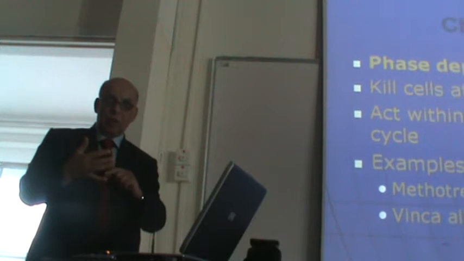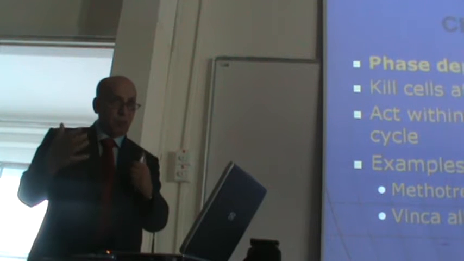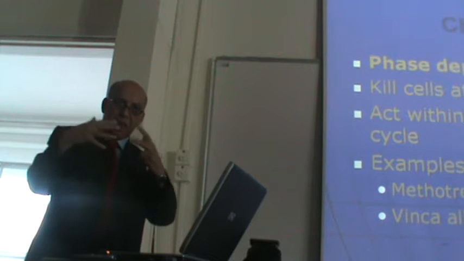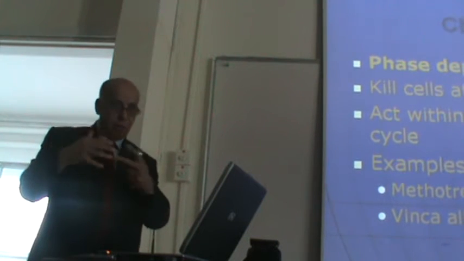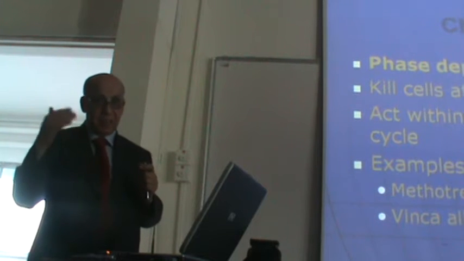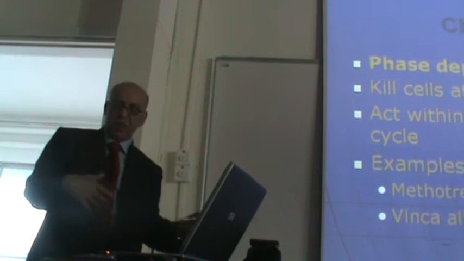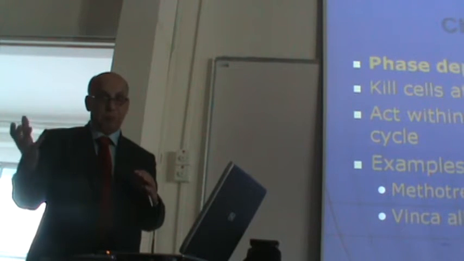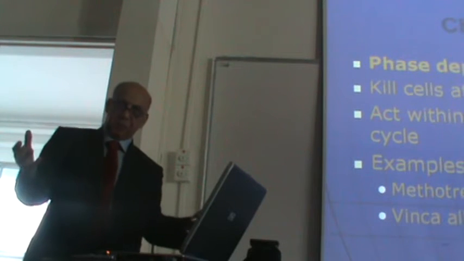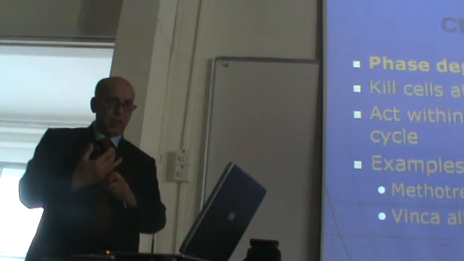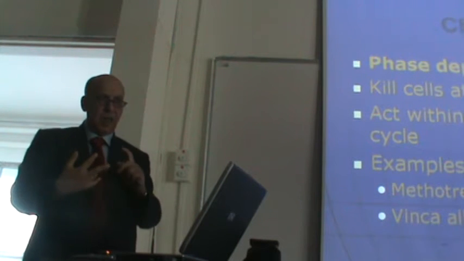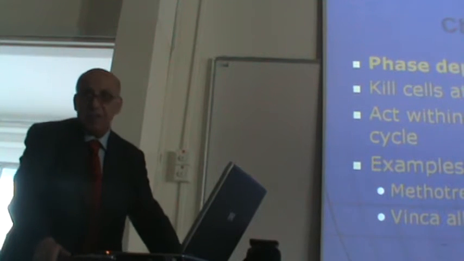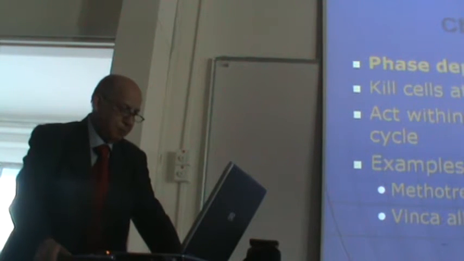We can probably use a full dose of each drug if there is no potential toxic effect from giving both drugs together. If each one has a separate mechanism and a separate toxicity, we can probably use a full dose of one phase non-specific and one phase specific drug, so that we gain a therapeutic advantage. We will not increase the toxicity, and it will probably make the response and the control of cells much better.